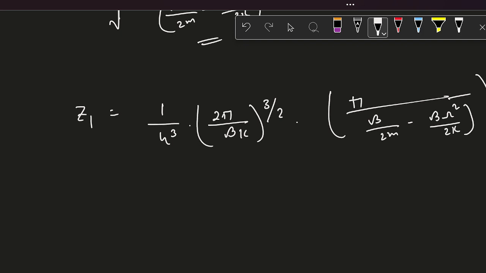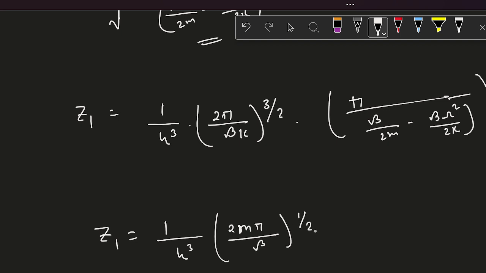We have solved the partition function for the single particle case for this harmonic trap, and the whole function looks like this: 2m pi by beta to the power of half, then 2 pi by beta k to the power of 3 by 2, then pi divided by beta by twice m minus beta omega squared by twice k.